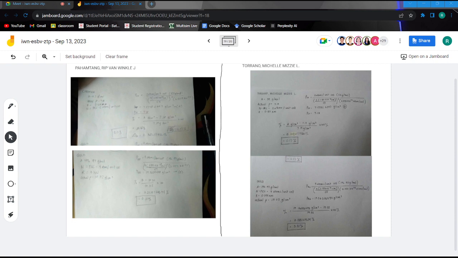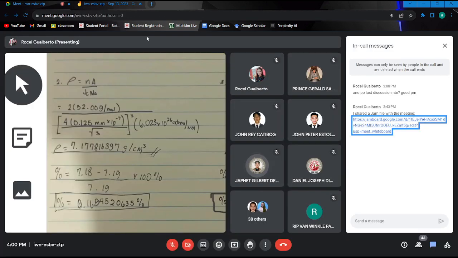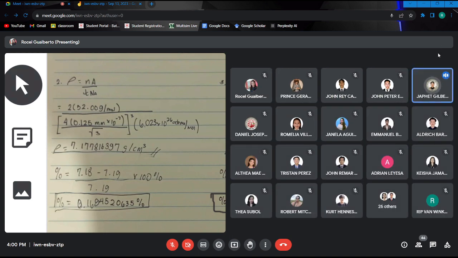For the percentage, it is theoretical minus actual over actual times 100. The unit in the density should be nanometer.